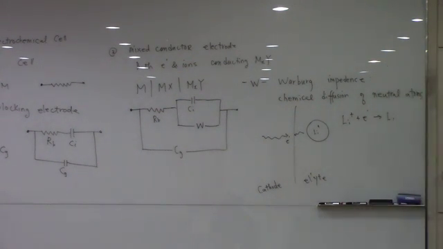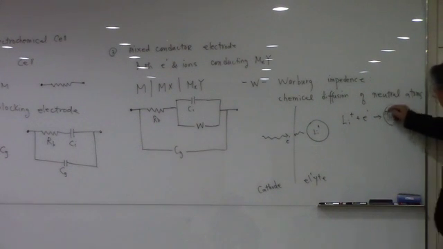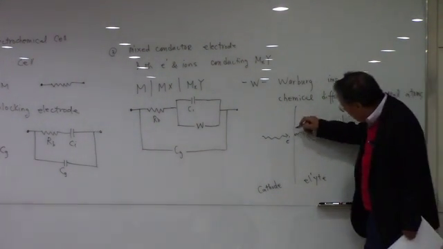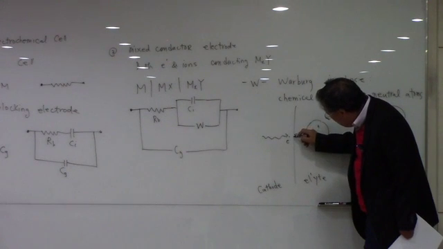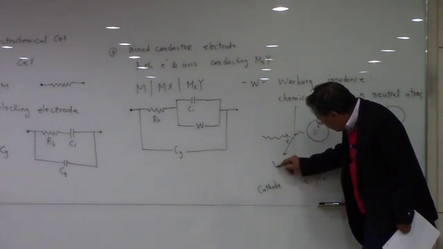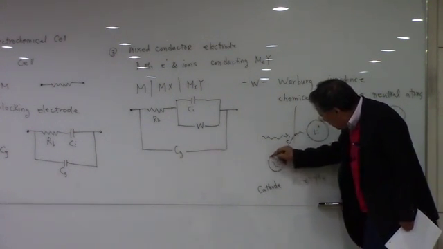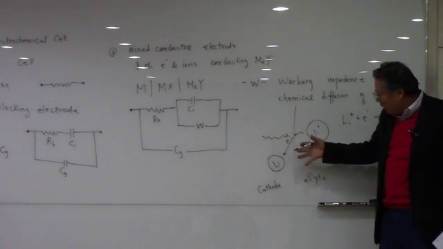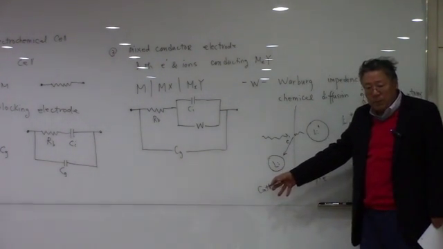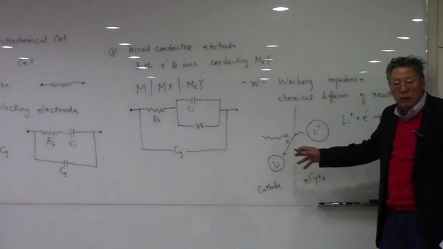This is the reduction reaction. And the neutral lithium is going to be formed at the surface. And then this neutral lithium is going to diffuse inside the cathode according to Fick's law.